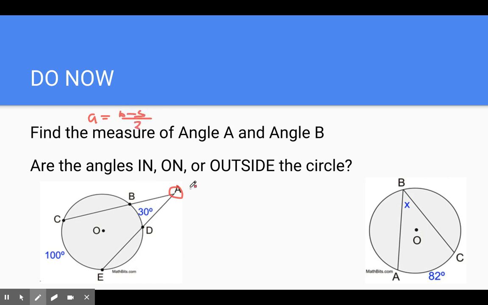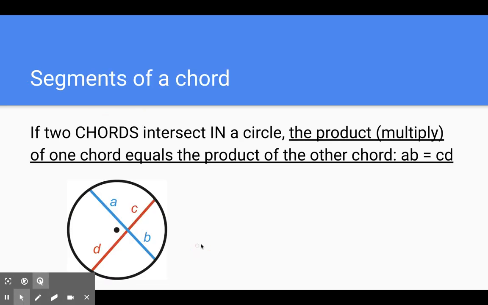That is 100 minus 30 divided by 2, which is 70 divided by 2, which is 35. So angle A would be 35. Right here, this angle is on the circle. The equation is arc divided by 2, so 82 divided by 2 comes out to 41.